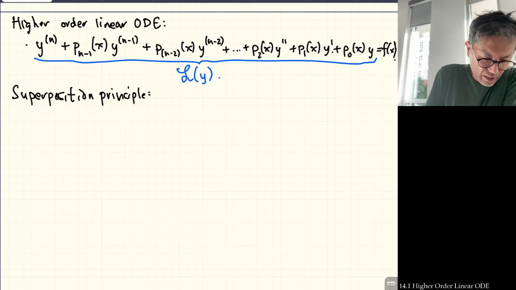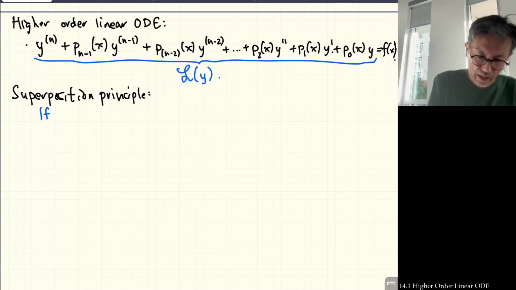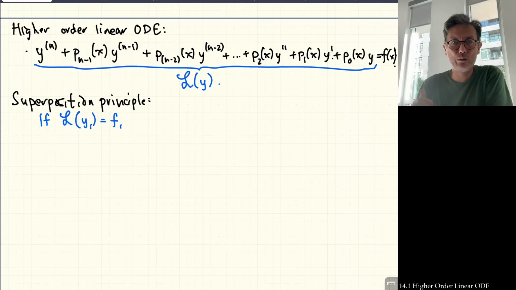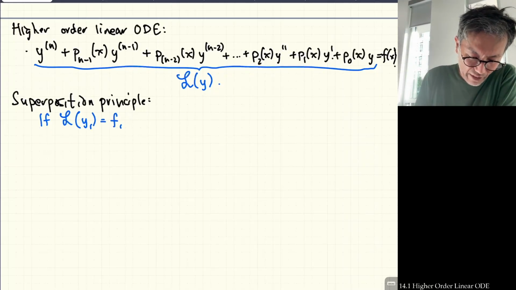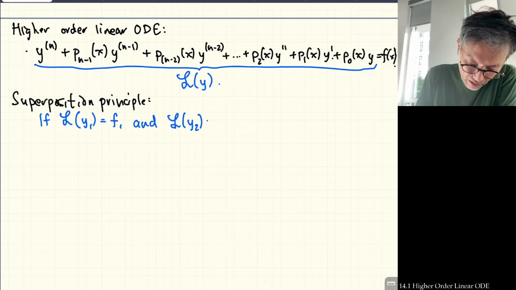It says the following. If L of y1 is equal to f1 and L of y2 is equal to f2.